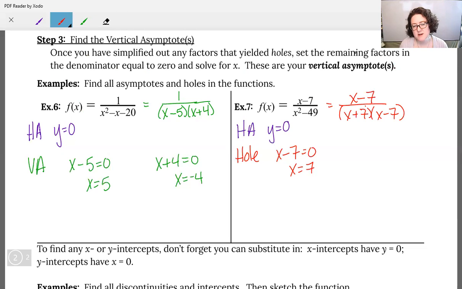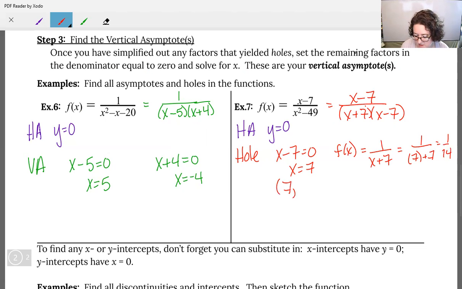But again, I need to figure out, if I simplify that out, what's going to be left that I could actually use to find the location of that hole. So f of x equals 1 over x plus 7. Plug in that 7: 1 over 14. So the point is actually at 7, 1 over 14.